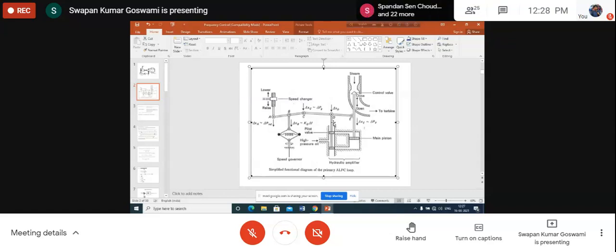So we have to discuss all these things in greater detail. What we shall do next, using this discussion of the functioning of the speed governing mechanism, we shall develop a mathematical model of this function and then analyze how the frequency control may actually be implemented through this speed governing mechanism. So that we shall do in our next class.